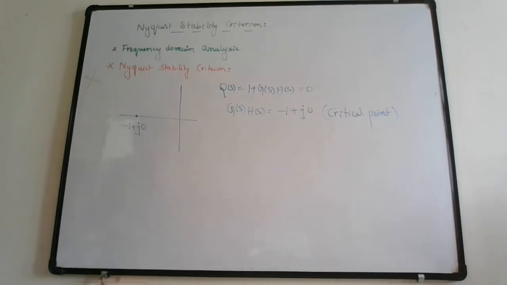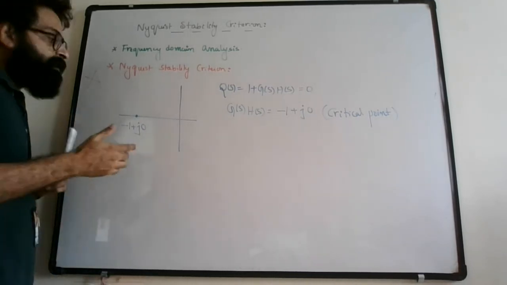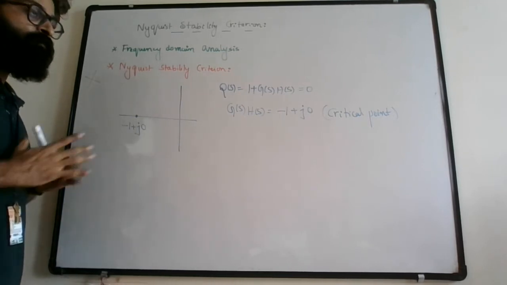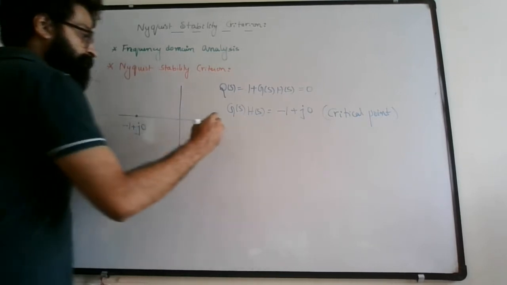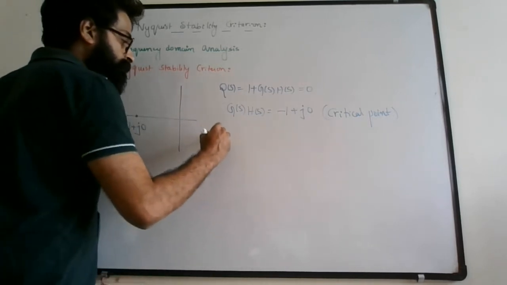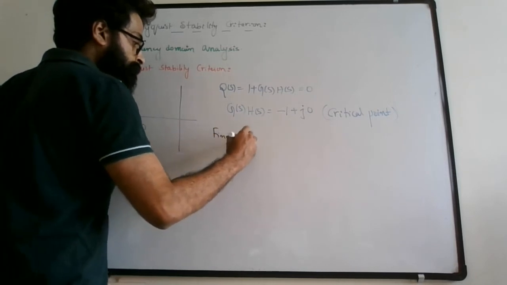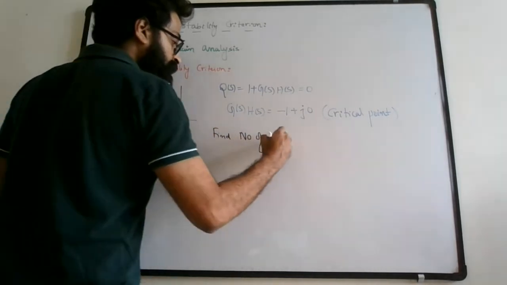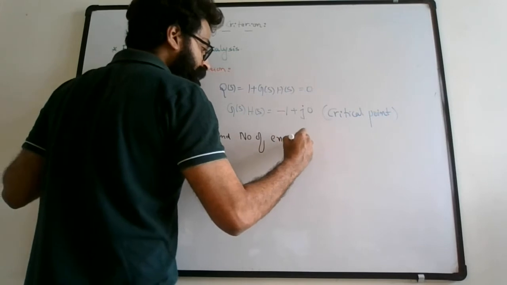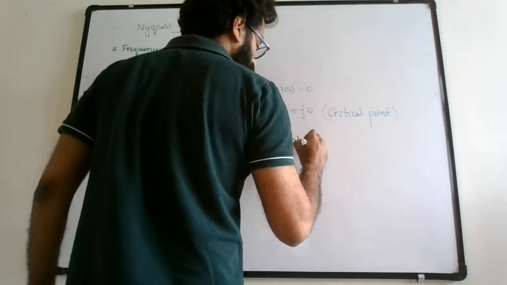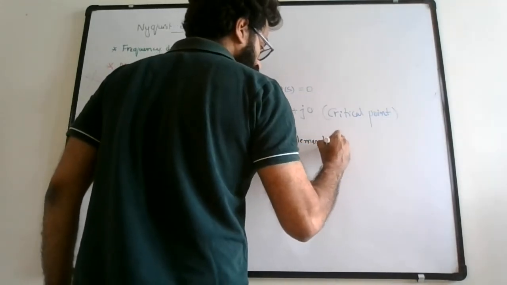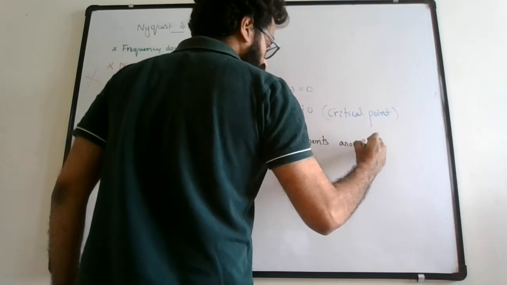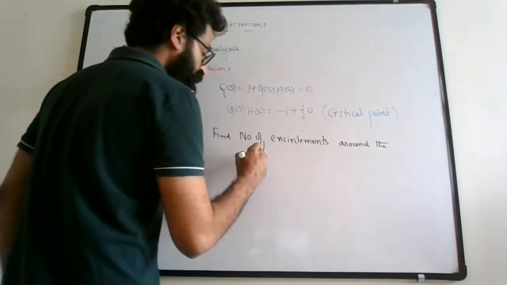So in a Nyquist plot, what we do is we try to find the number of encirclements around the critical point.